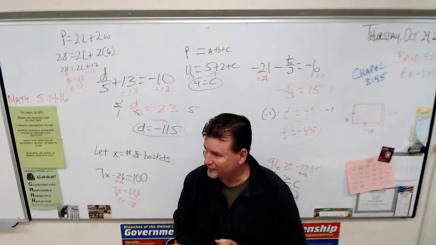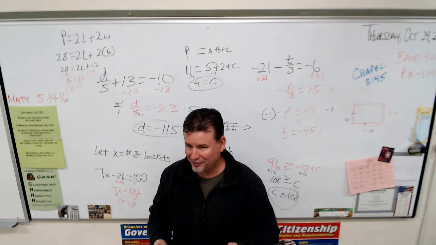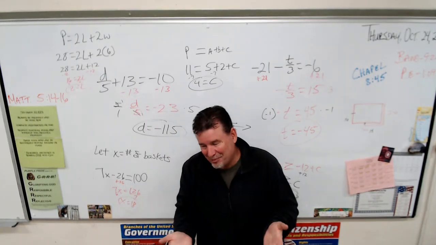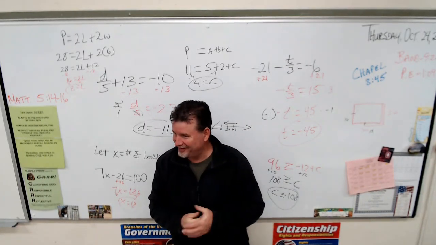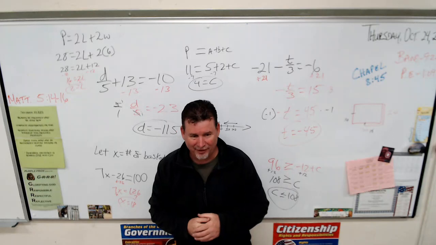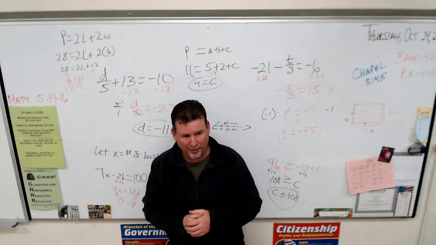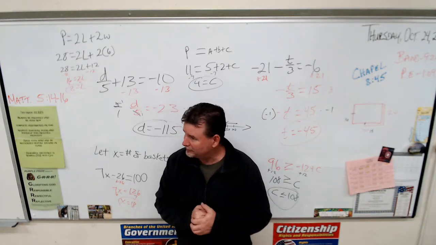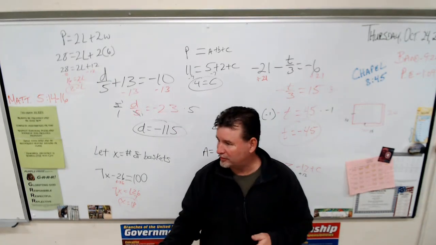What if you accidentally make a little mistake? Well, Kara, if you accidentally make a little mistake, you get a few points taken off. But if you're still always doing what you're supposed to be doing, you end up at the end of the 9 weeks with a good grade. Because you got your homework done.